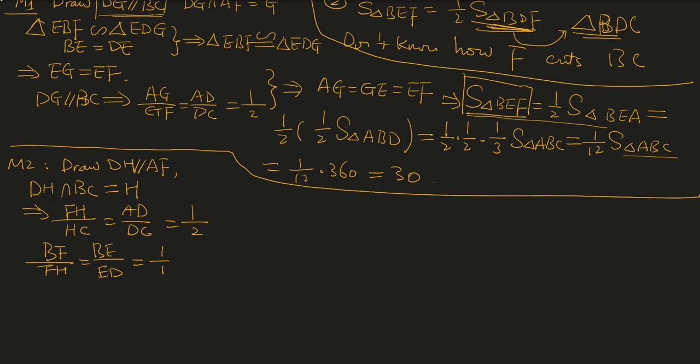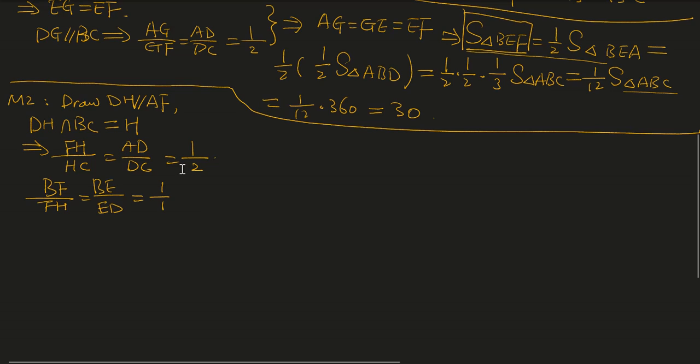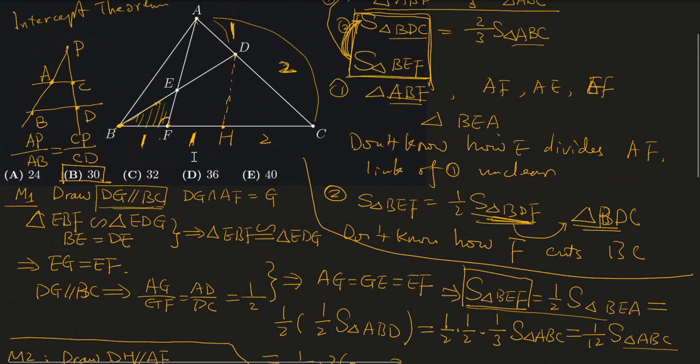That is because E bisects BD. Therefore, this is 1, this is 1. Now, if we combine these two facts, we know that BF to FC equals 1 to 3. Let's look at the diagram again. BF to FC, that is 1 to 1 plus 2, that's 3.